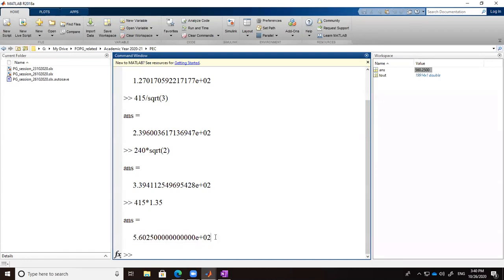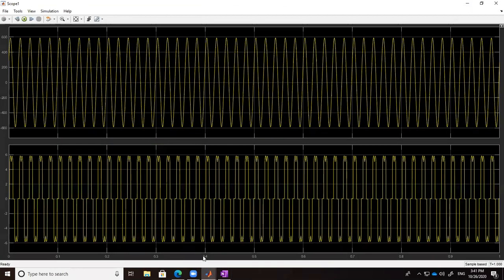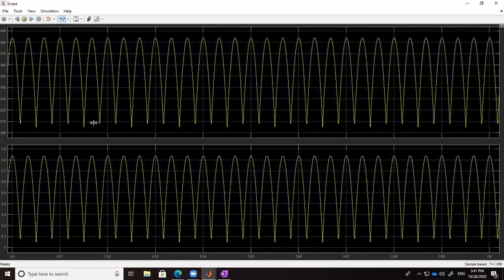So you are going to have an average of 560 volt in the output. And that's what you see here. Sorry, not here, here. This is the average. Fine. So this is the output voltage.